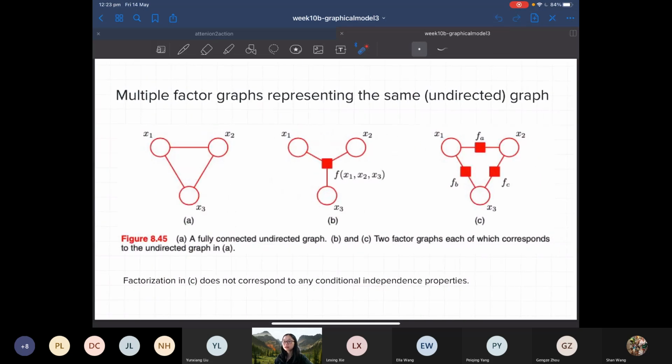The answer is sometimes. If we form cycles using factor graphs, it's still a valid representation, so the joint probability is still the product of these three factors.